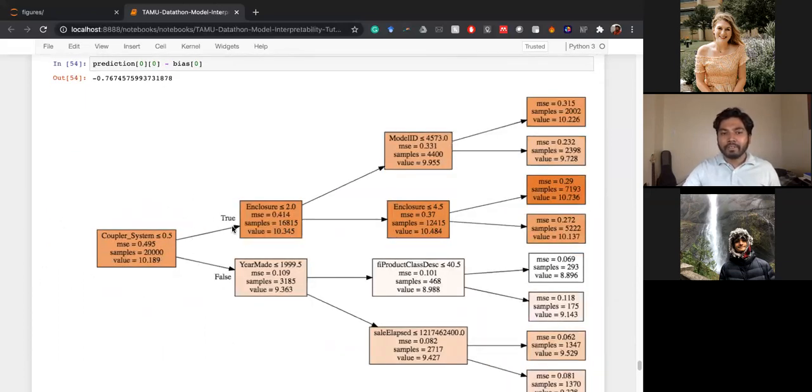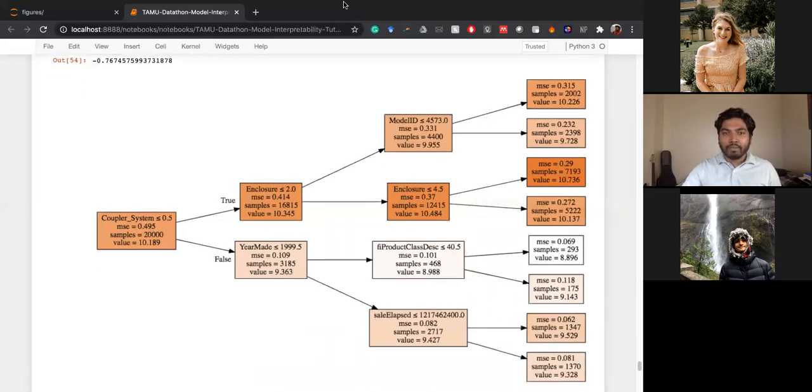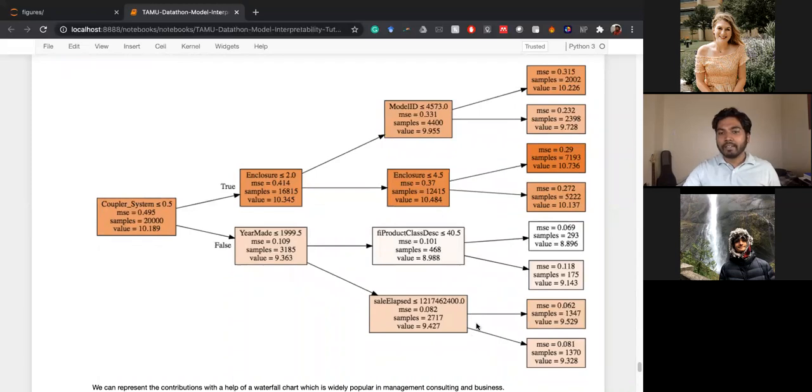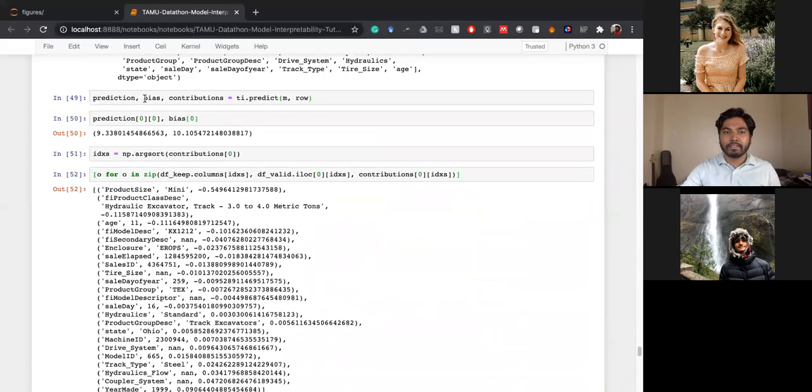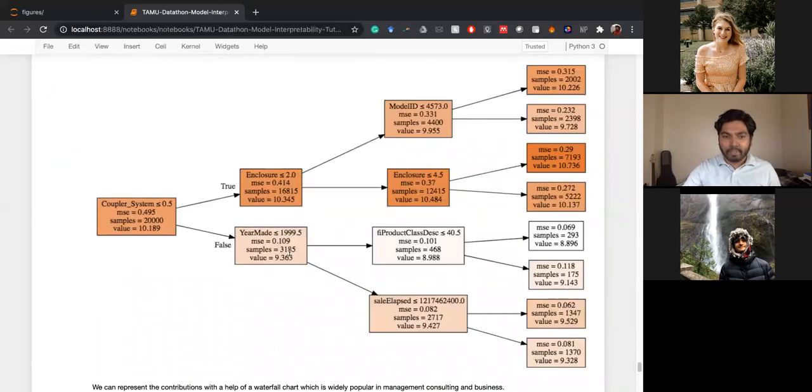You can follow this tree and see how the values for different features are affecting the final predicted sale price. Of course, you'll have to average it over all the different trees in your random forest, and then you'll get the final values: the prediction, the bias, and the contributions.